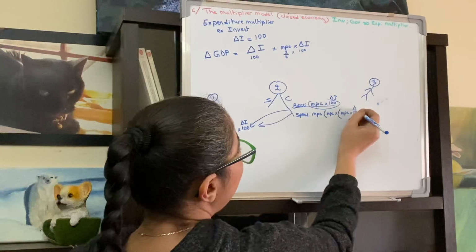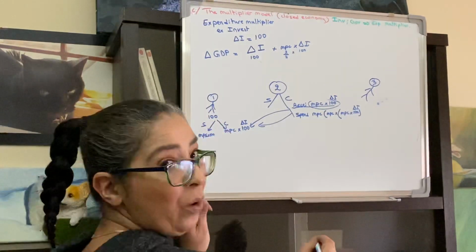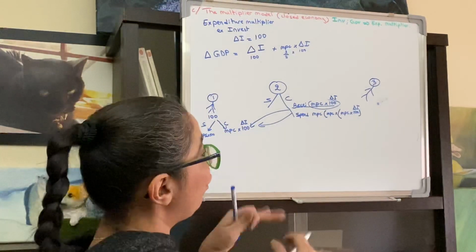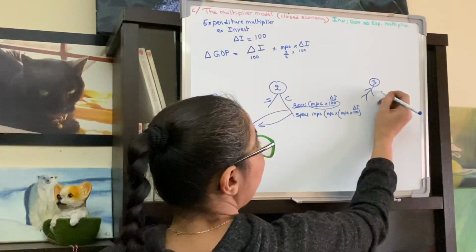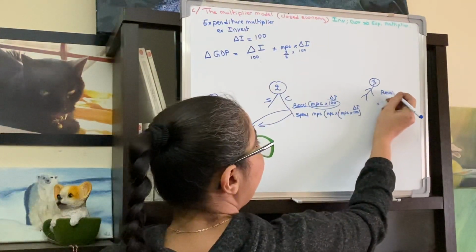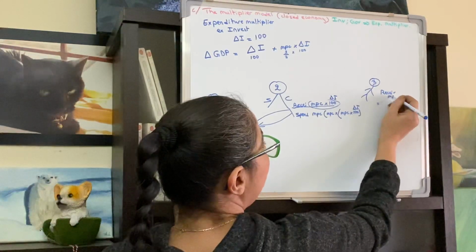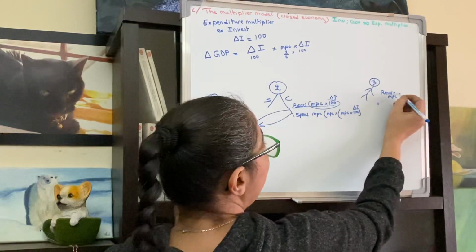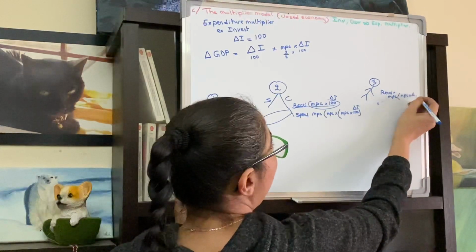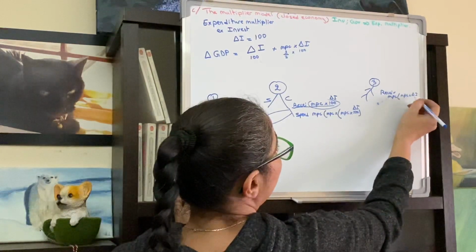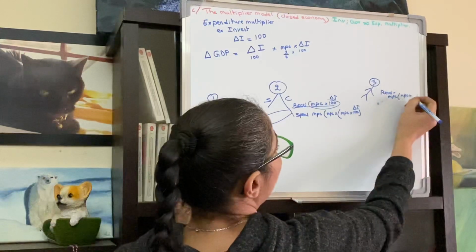Remember, 100 is your delta I. So spending it, meaning somebody else is going to receive it. So this guy is going to receive MPC, he's the seller: MPC times MPC times delta I, times 100, which is your delta I.